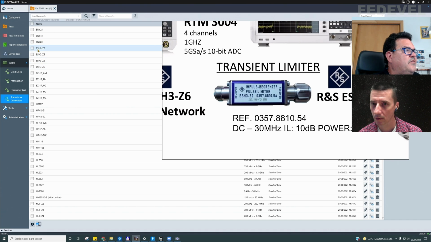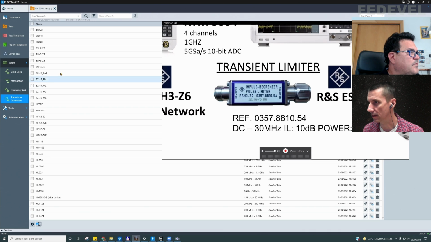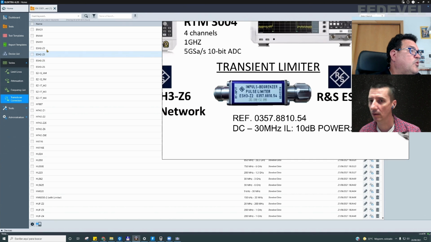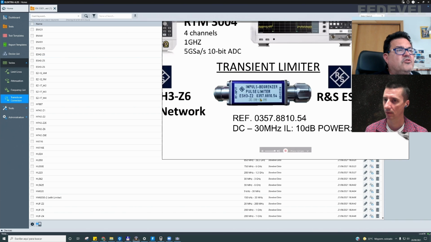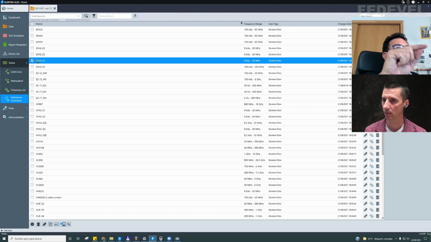But for example, there is only Z5, Z6. This one. I don't know exactly what the reference is from the Rohde and Schwarz name, sorry. But consider, for example, that this transient limiter is this one. So you can select it and you can put this transducer in your measurement.